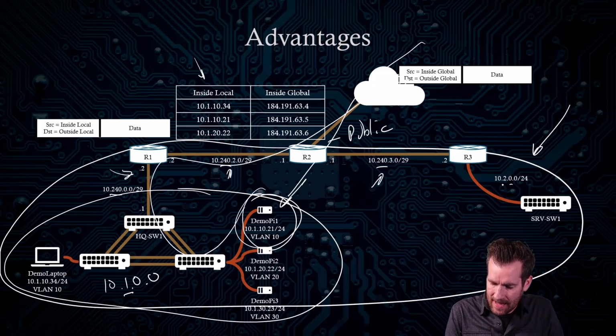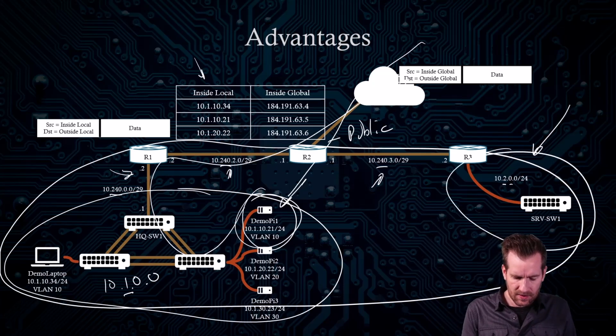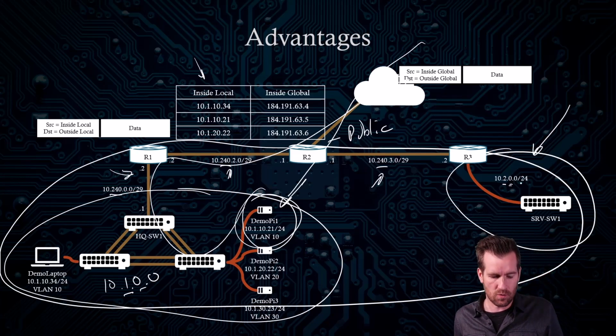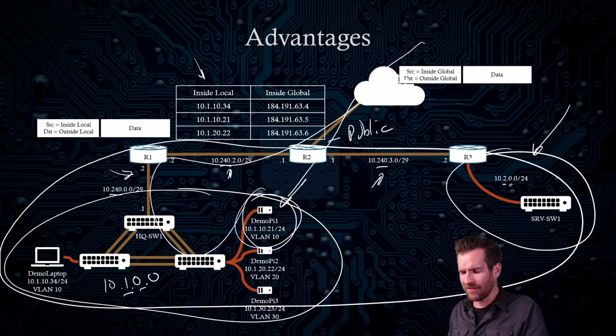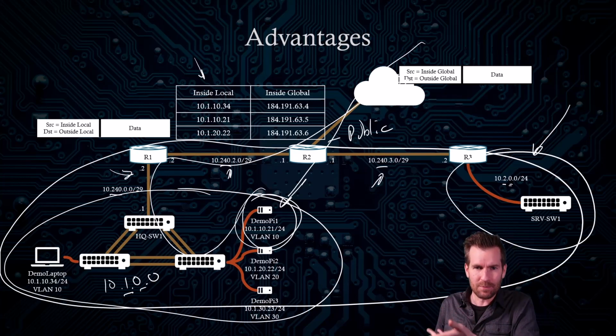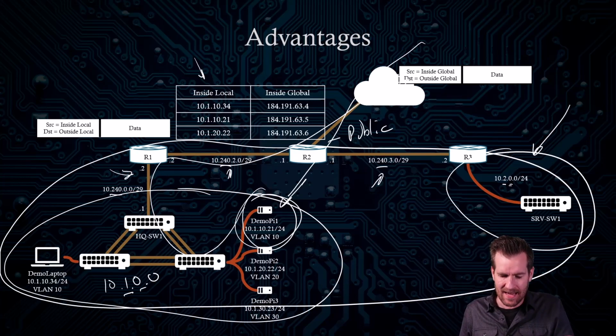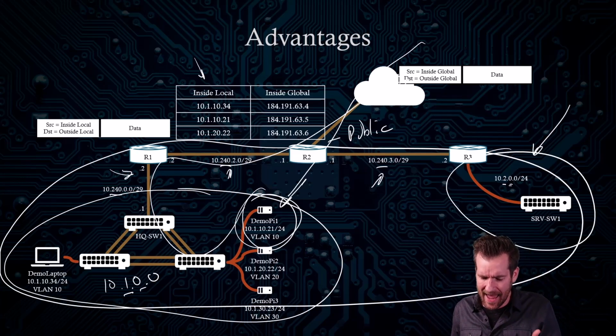Anything that's a 10.2 represents this site over here. The third octet represents then the different networks that are at each one of those sites. I have lots of addresses that I can work with. So the fact that I chose this 10 range, I can say that each octet represents something different within this. Gives me a lot of flexibility and I don't need to worry about wasting addresses.